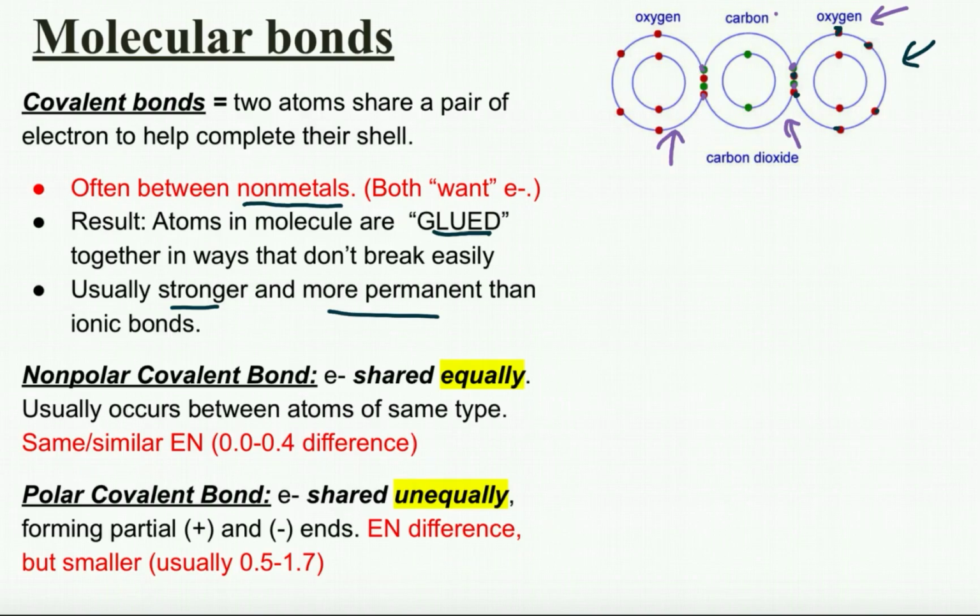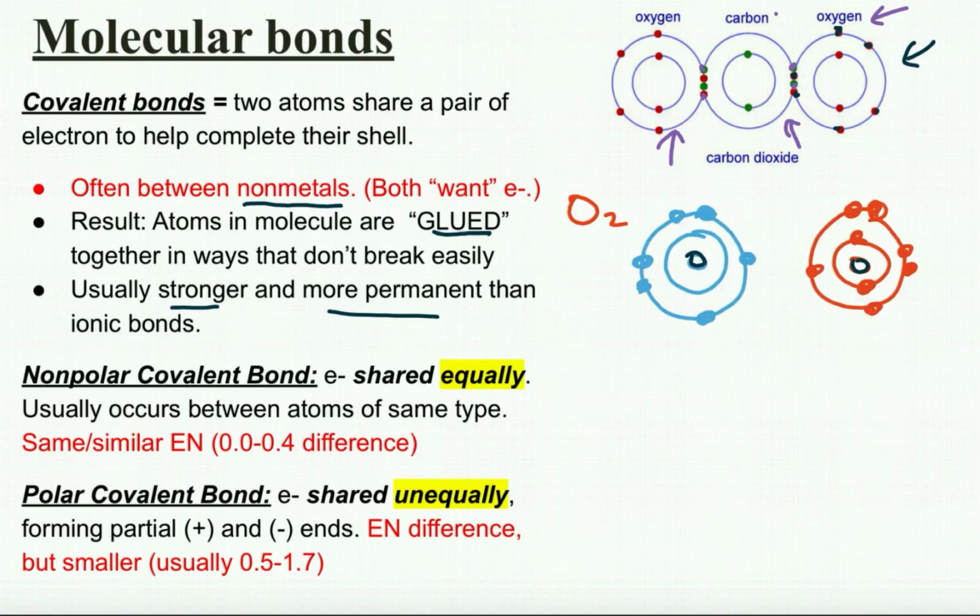All right, so how do these form? Well, I'm going to draw kind of a simple model using oxygen. So a really common molecule is O2. It's 2 oxygen atoms hanging out with each other. This is the oxygen you breathe when someone says, oh, you're breathing in oxygen. So the way it works, we have our 2 oxygen atoms here, and they need 8 electrons.